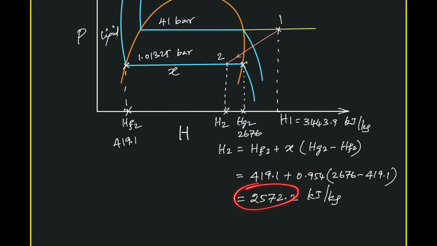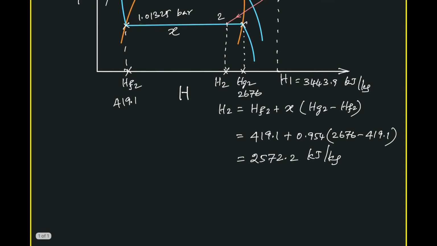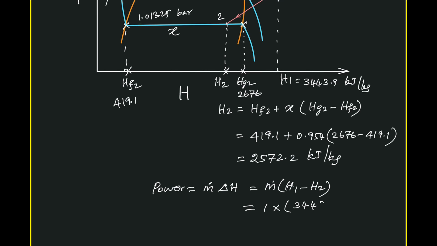So H2 is available, H1 is also available. H1 minus H2 is the energy obtainable from the expansion process. So let us find the power equal to m dot into delta H, which is m dot into H1 minus H2. m dot is 1 kg per second, H1 is 3443.9, and H2 is 2572.2.